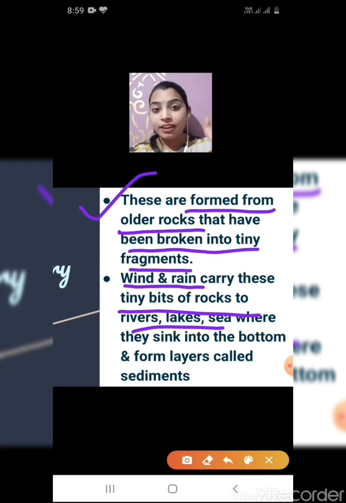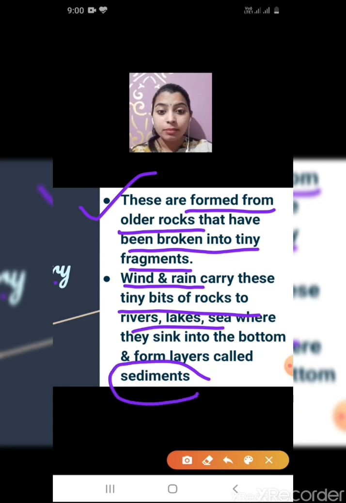Then, when wind and rain come, they carry away these tiny particles of rock which is broken, to river, lakes, sea, where these small particles sink into the bottom and form a layer which is called sediments. Understood?